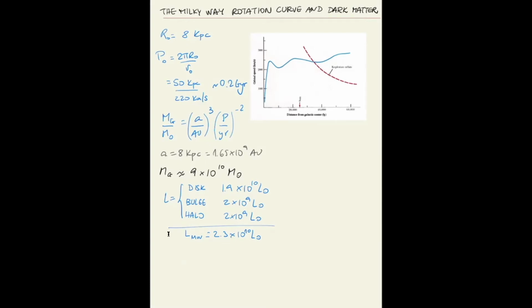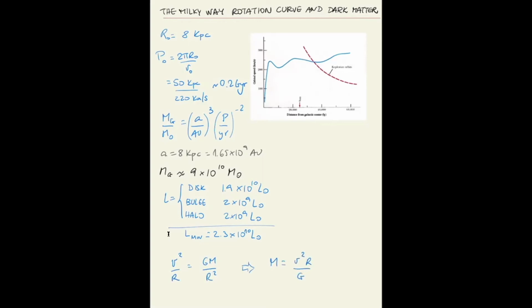So that's one way to determine the mass, by simply applying Kepler's third law if you know the distance of the Sun to the center and the period. We can also use a dynamical mass, assuming that stars and gas in the disk are on stable circular orbits. We require that the centripetal force is equal to the gravitational acceleration, and you can solve for the mass.